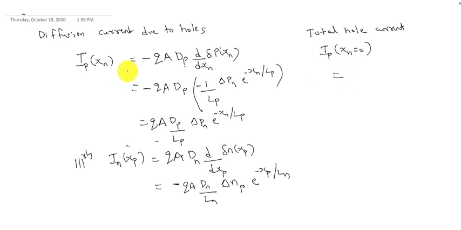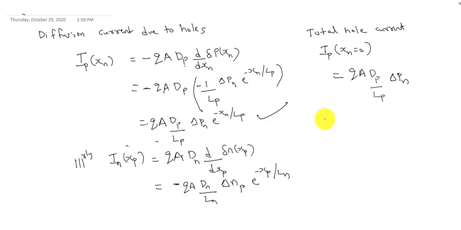Substituting xn equal to 0 in this equation, we can write it as q into a into dp by lp into delta pn e raised to minus xn, and since the value is 0, it becomes delta pn.